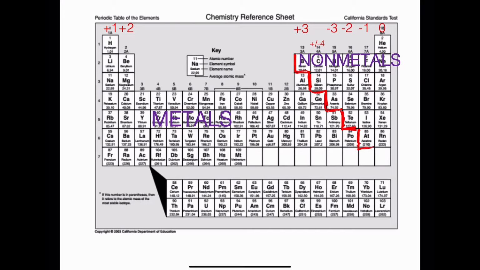But what we see is that everything on the left of this line behaves like a metal and has characteristics of a metal, and we will get into that a little bit later. Nonmetals, those things on the right of that stair-stepper line, also include hydrogen. So hydrogen is also part of that non-metal group. So metals on the left of that stair-stepper line, nonmetals on the right.